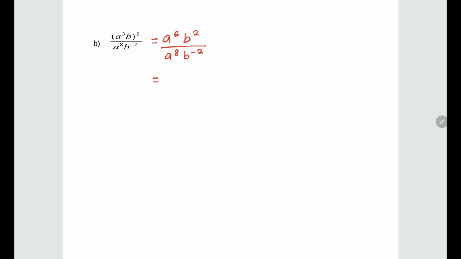Then we solve the same base. First base a, so a^6 when divided by a^8, you can write minus 8. Then base b^2, when divided by b^(-2), here you can write minus -2.